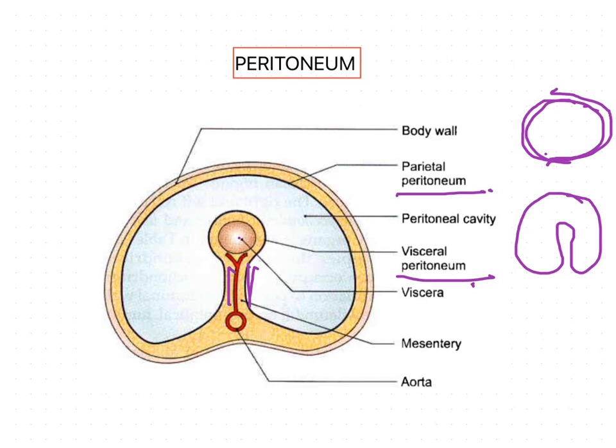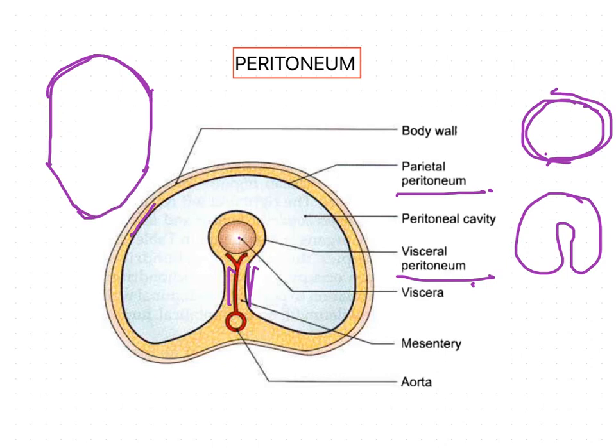The parietal peritoneum lines the innermost layer of the abdominal as well as the pelvic walls and also the lower surface of the diaphragm. If you can see this abdominal cavity, this is the diaphragm in the anterior view, and these are the lateral walls, and this one becomes the pelvic.